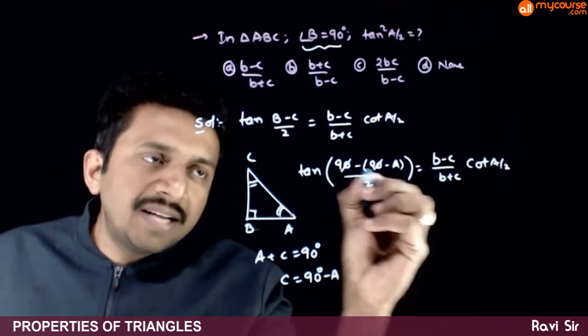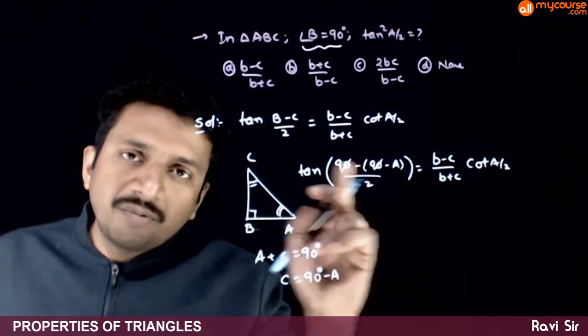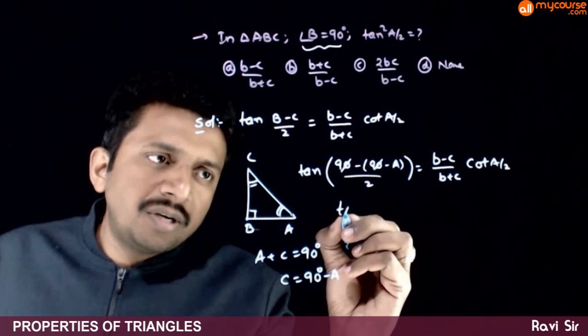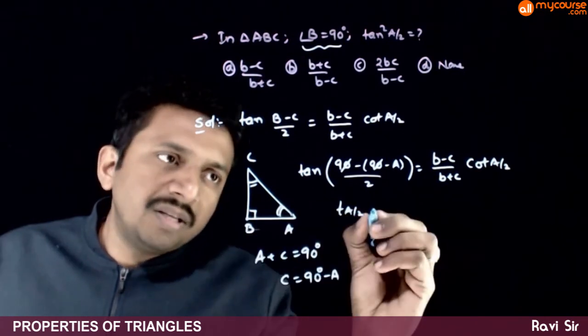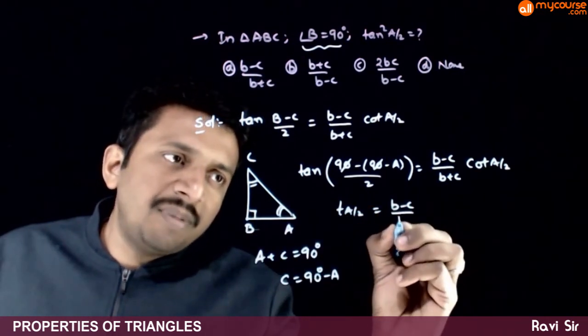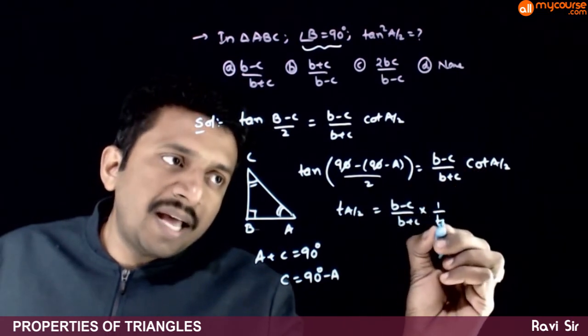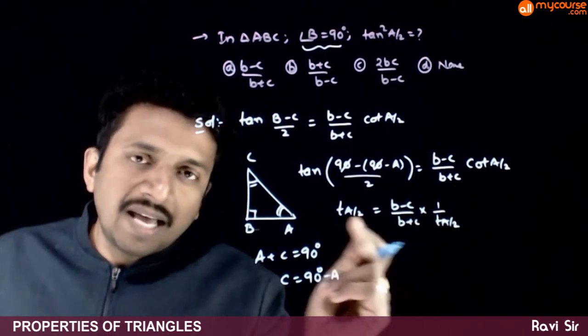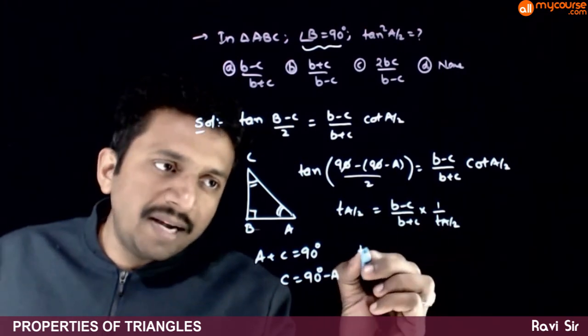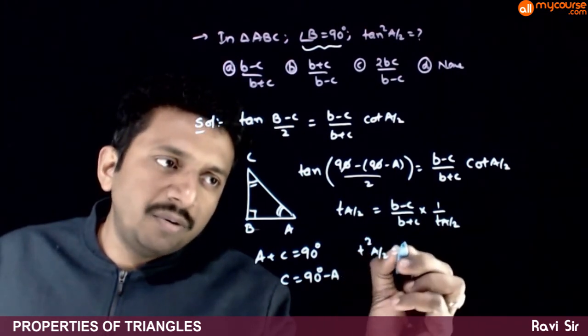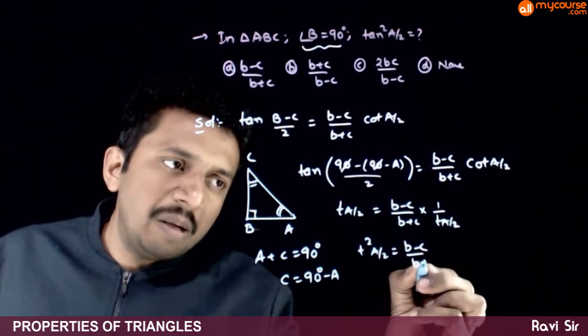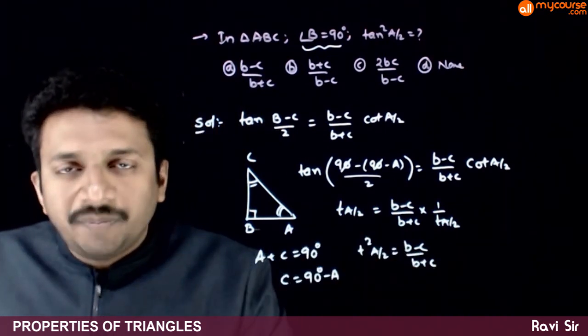And this 90 and this 90 get cancelled. So minus of minus A is plus A. So tan A by 2 is equal to (b minus c) by (b plus c) times cot A by 2. Cot A by 2 is 1 by tan A by 2, so this tan A by 2 gets cross multiplied. This implies tan square A by 2 is (b minus c) by (b plus c).